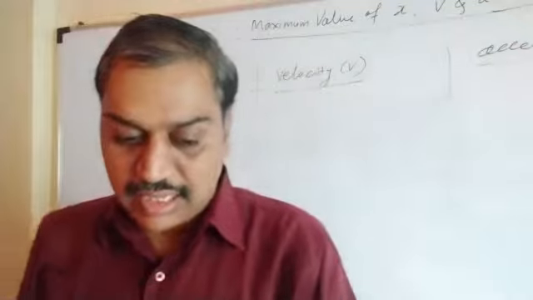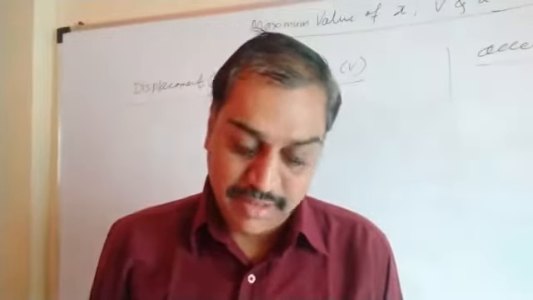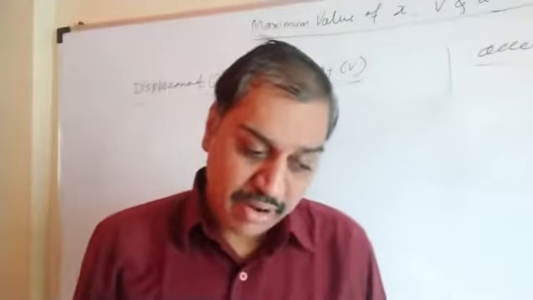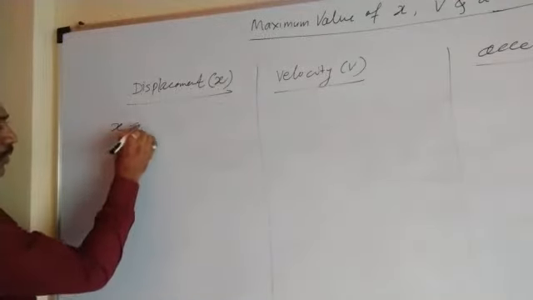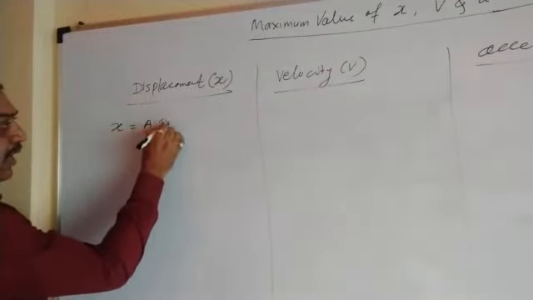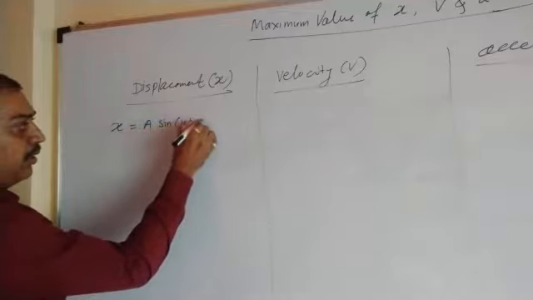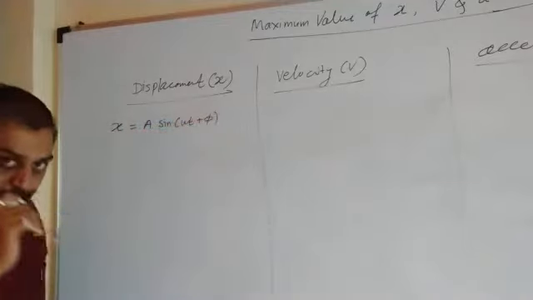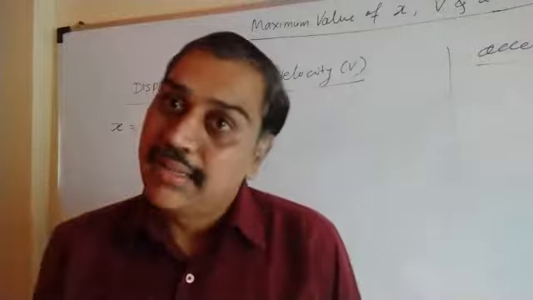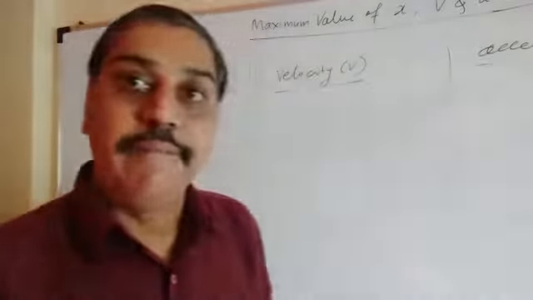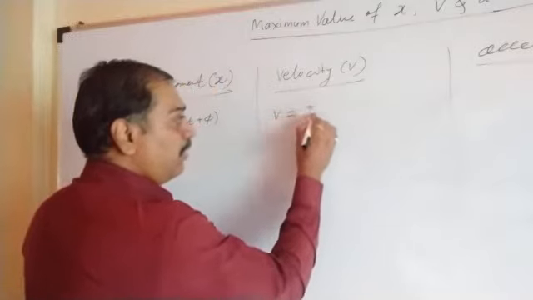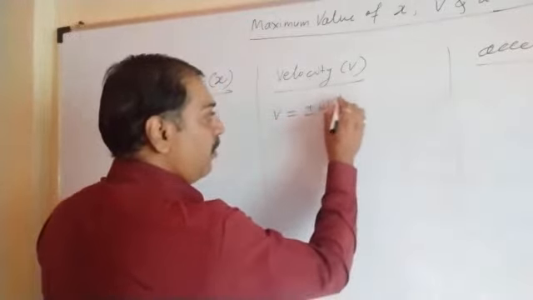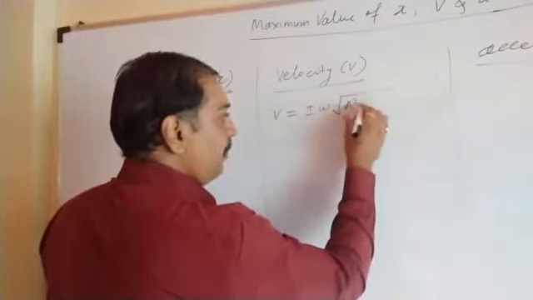I hope you remember the last formula that we have derived. First of all, write down the formula for displacement. What is the formula for displacement that we have already written? x equal to a sine of omega t plus phi. This is the formula for displacement. At the same time, we can write the formula for velocity that we derived last time: v equal to plus minus omega square root of a square minus x square.